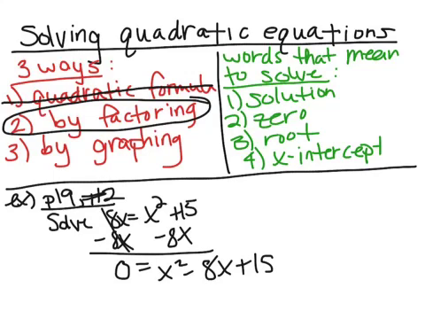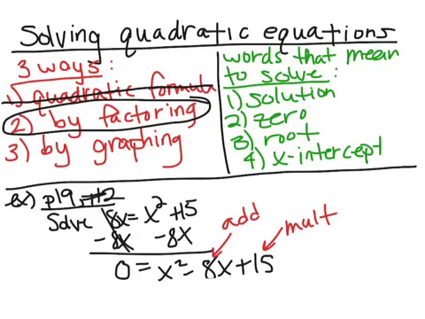The reason I put my negative 8x in the middle is because when I go in and factor it, you always want to have your x squared term first, then your x term, and then your constant term. So what I want to do is factor this. To factor this trinomial, I need to know what multiplies to positive 15 but adds to negative 8.